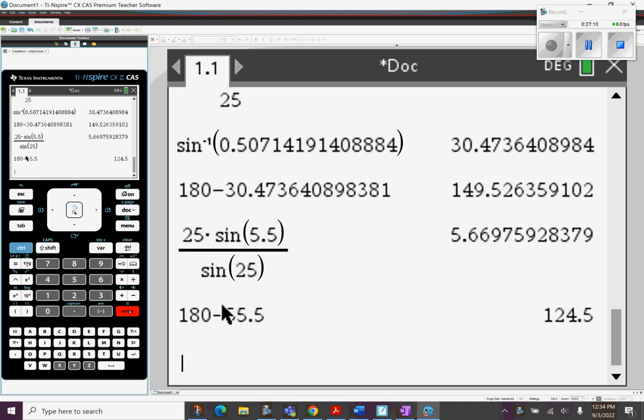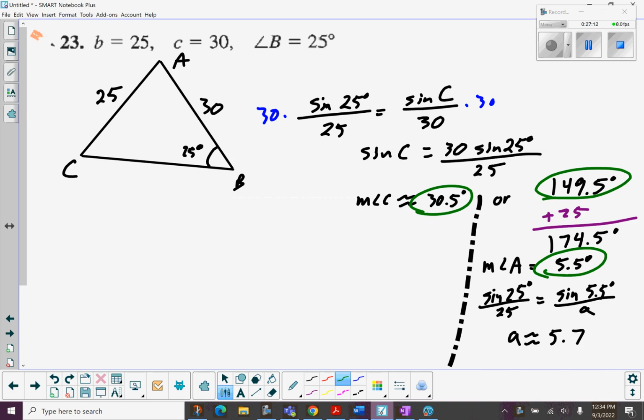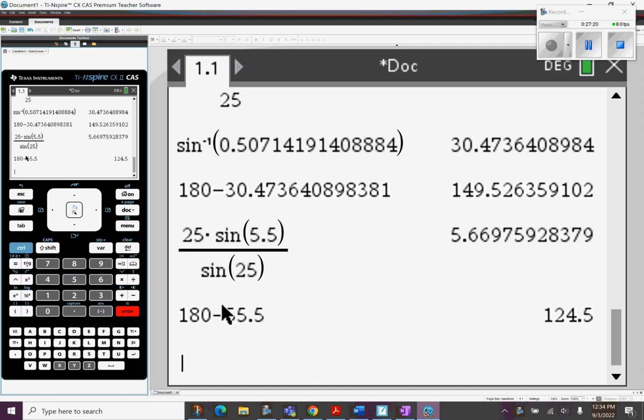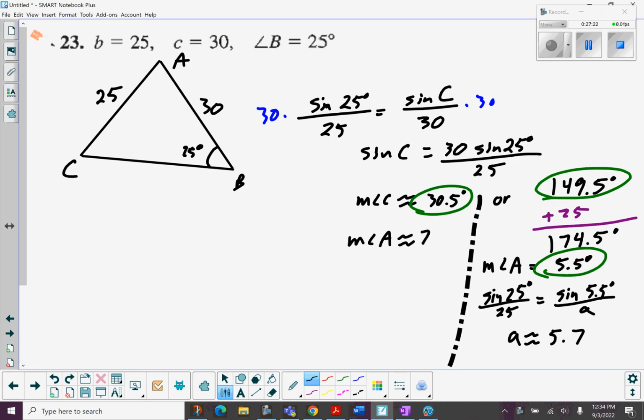In this case, it's angle A that would be obtuse, 24.5 degrees. Which means in this case, side A is going to be the longest side.